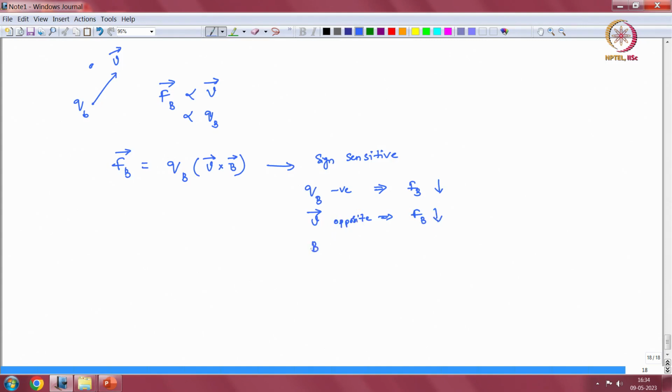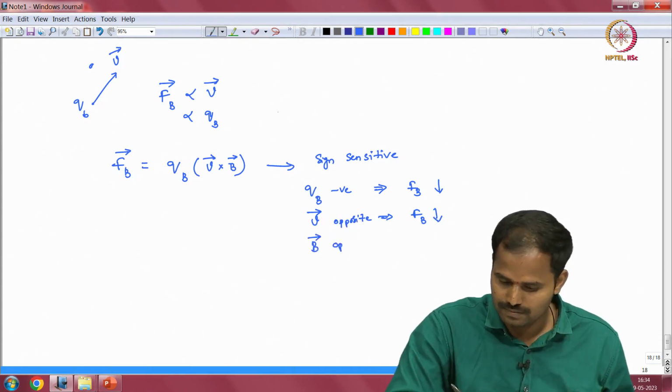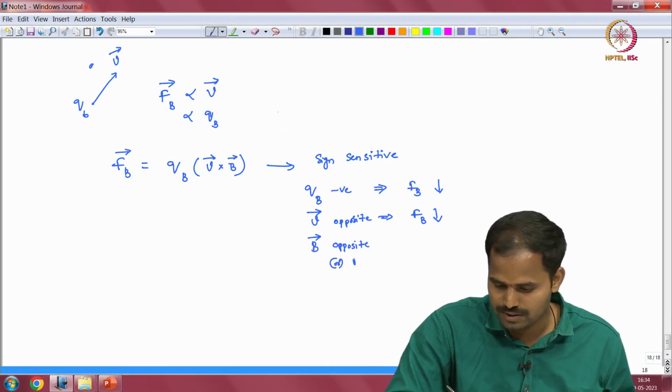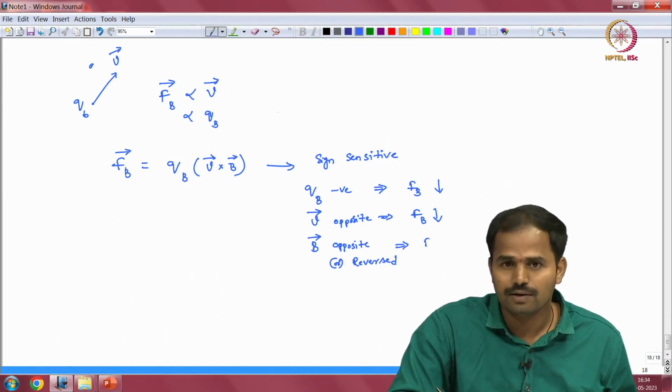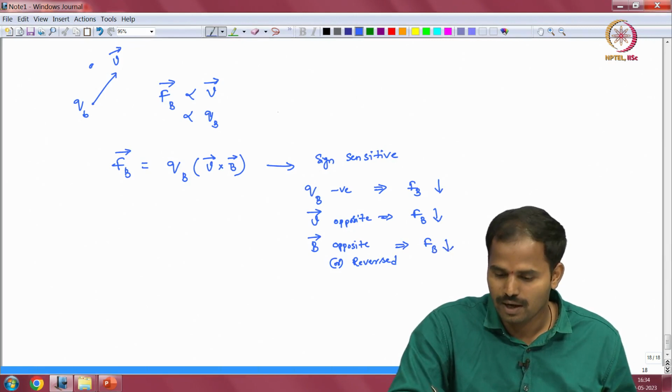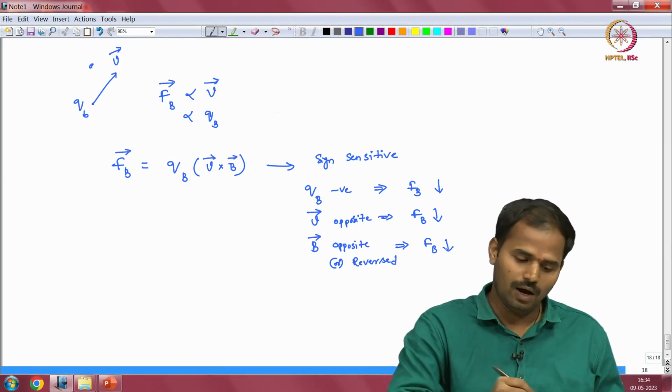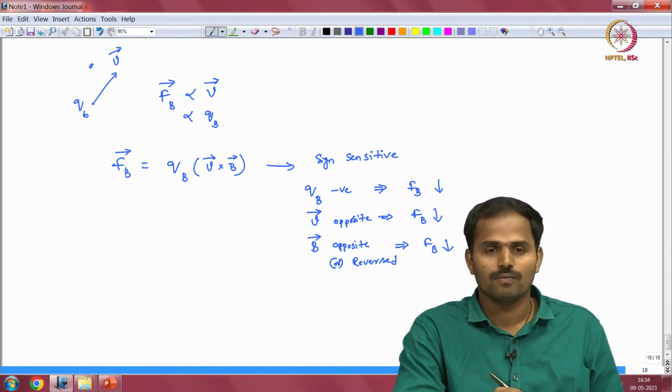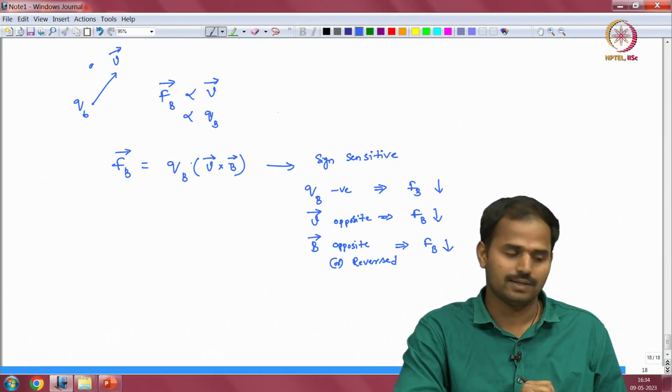Similarly, if B fields are reversed, then again force will be in an opposite direction, right. So, all three quantities define the force direction.